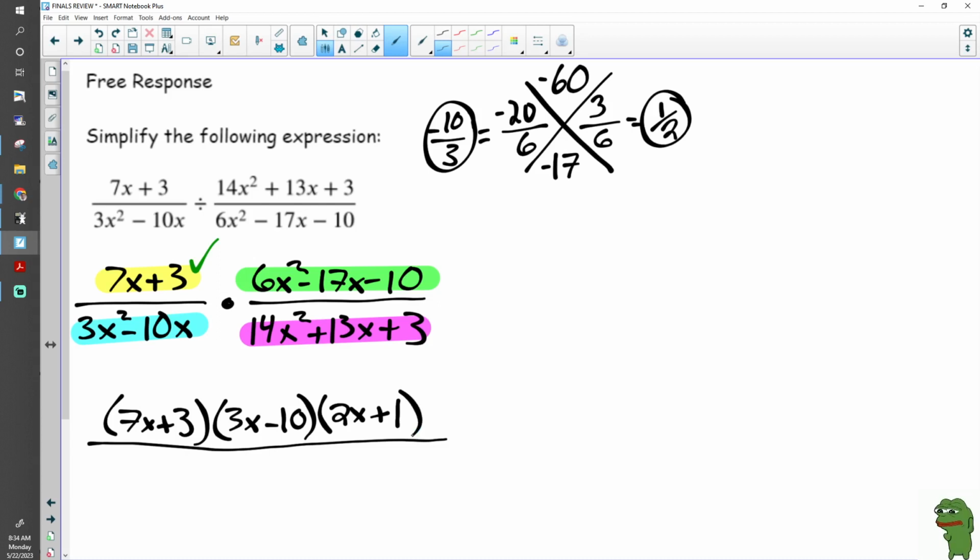Okay, so our top is all done. We factored both on the top. Well, one was already done, but we factored the other. Now we need to figure out what the bottom's going to look like.